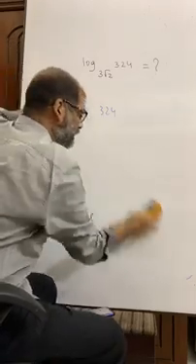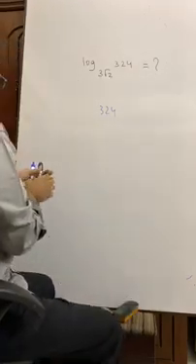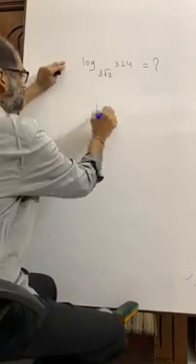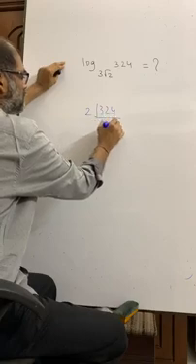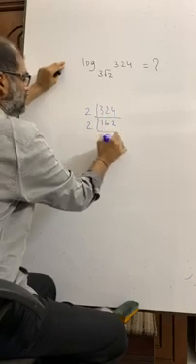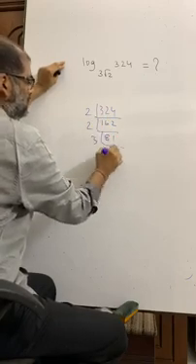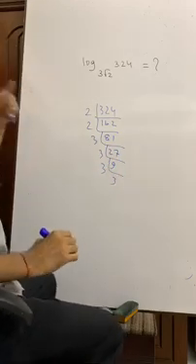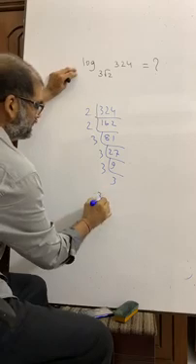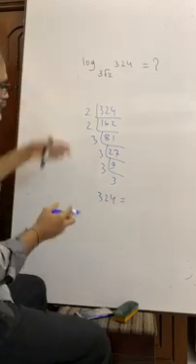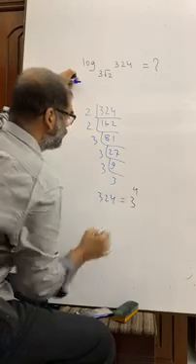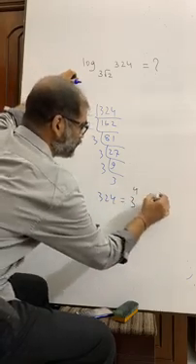Now to find the prime factors, you have to do like this. Okay, so 324 is equal to 3 to the power 4 into 2 square.